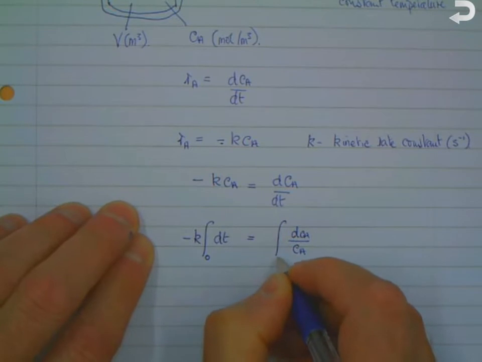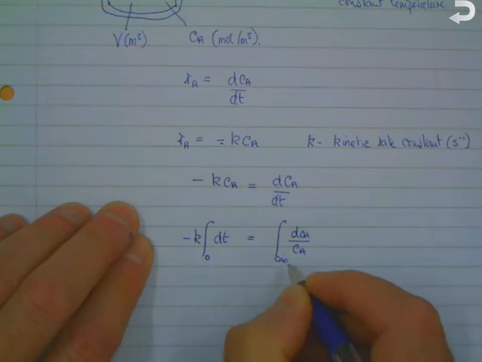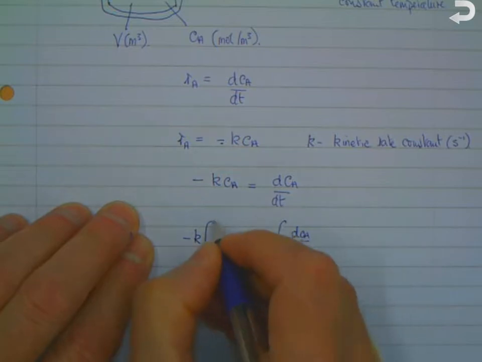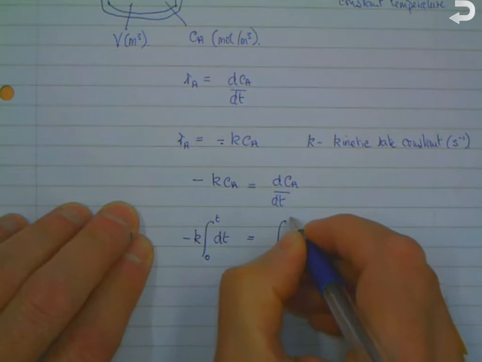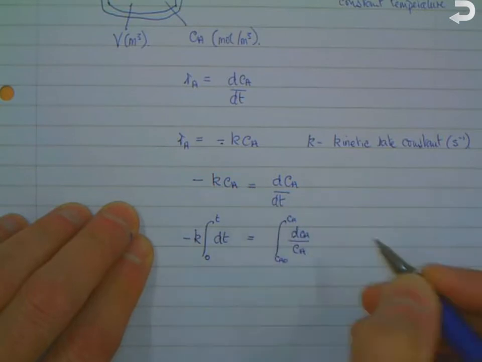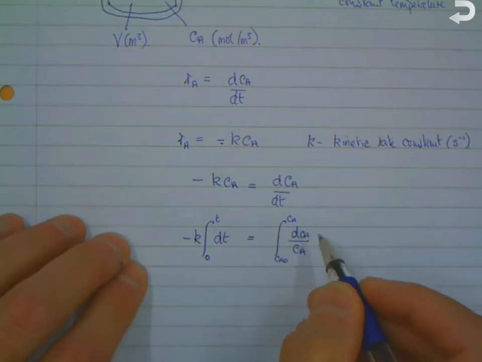So we're going to assume that we've got a starting concentration of our component A of Ca0 at time t equals 0, and then at some time t, the concentration of A has gone down to a new value, Ca.